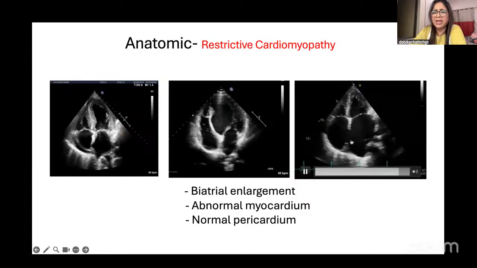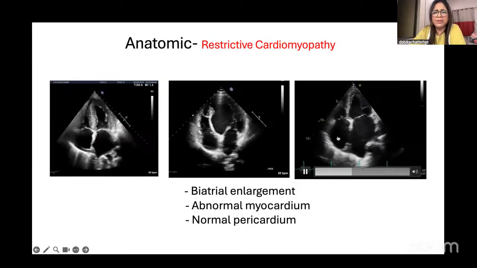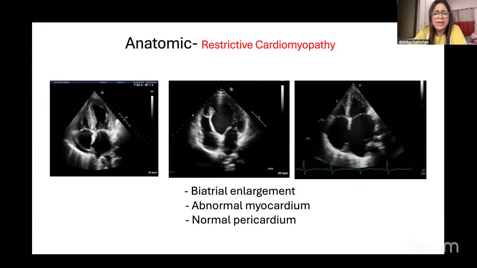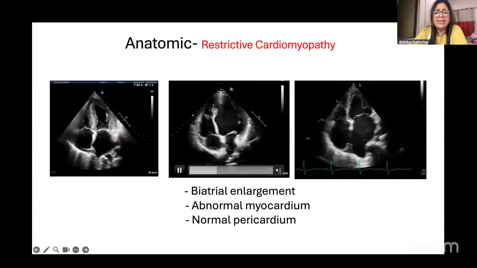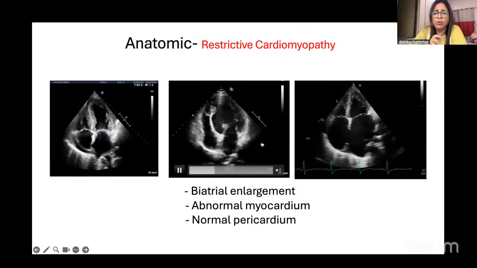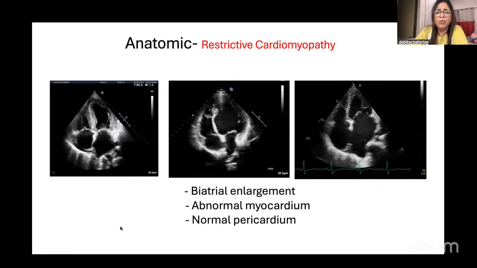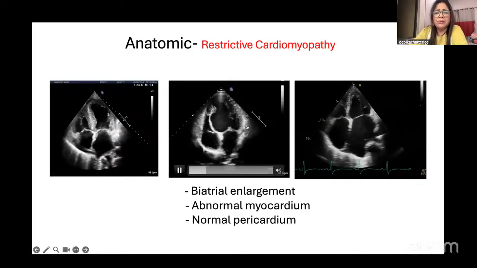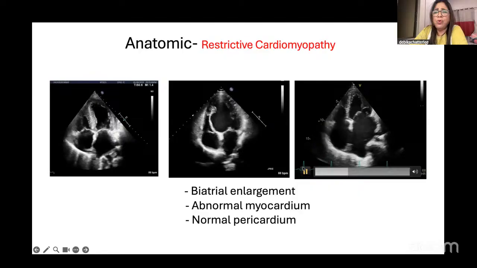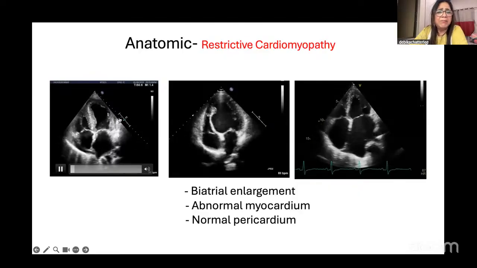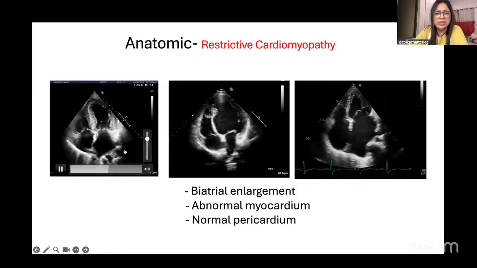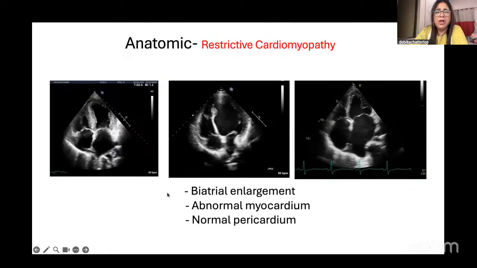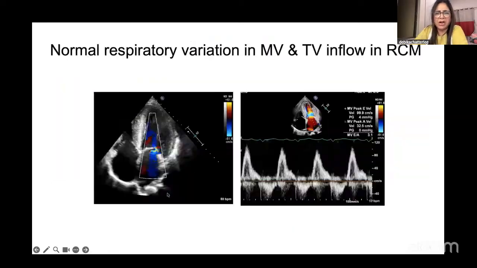This is another variety of restrictive cardiomyopathy. But look at the pericardium. It's absolutely healthy. There is no thickening, no calcification, no cementing of the pericardium, you see. So a normal pericardium, but it is the myocardium which is diseased, which differentiates it from constrictive pericarditis.